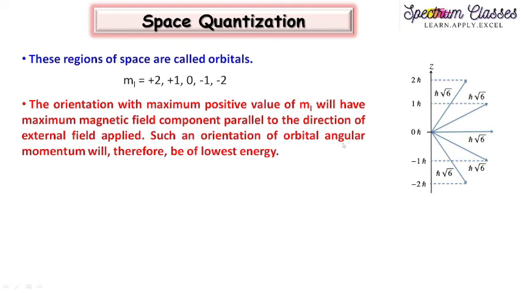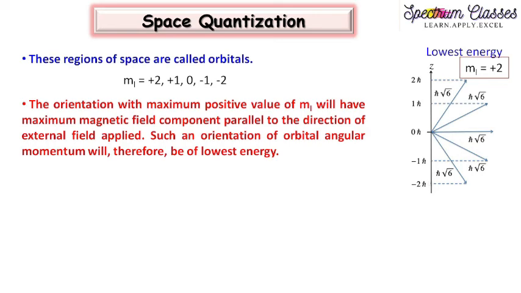Such an orientation of orbital angular momentum will therefore be of lowest energy. Corresponding to ml equal to plus 2, we are having the maximum component vector in the parallel direction, and this has the lowest value. Similarly, for the negative value, the maximum component vector is in the anti-parallel direction to B, and it is of highest energy.